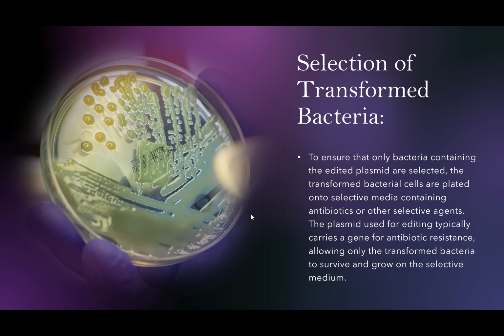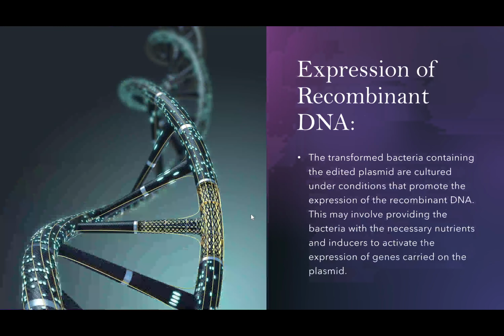That's how we select our bacteria. And then we continue to grow our isolated bacterial colony to express the recombinant DNA. The transformed bacteria containing the edited plasmid are cultured under conditions that promote the expression of the recombinant DNA.